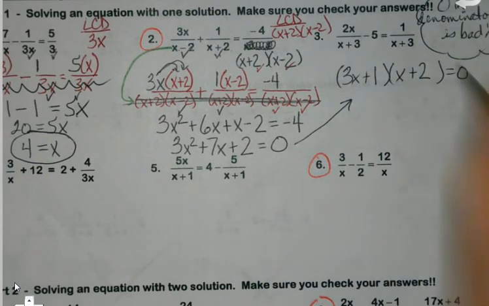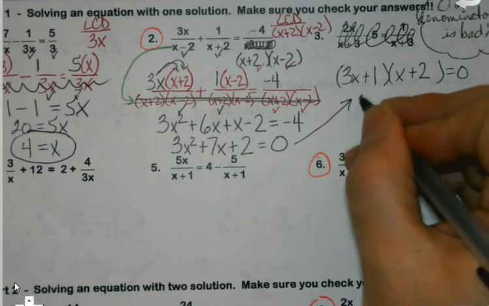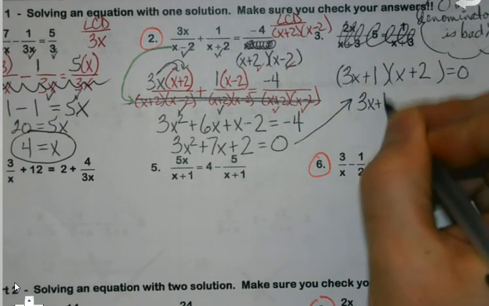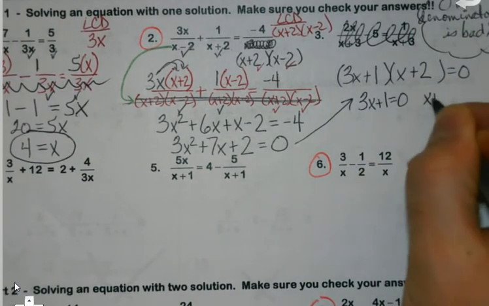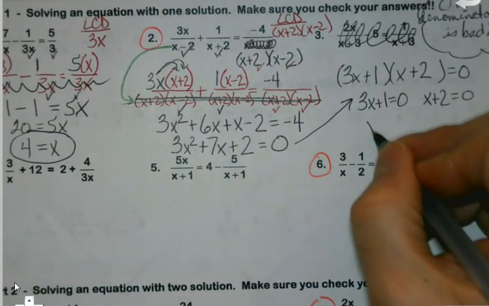If you would slide and divide, whatever method again you use, you'd get to the same thing. And at this point, I would take each of those quantities that have x and set them equal to 0 and solve them.